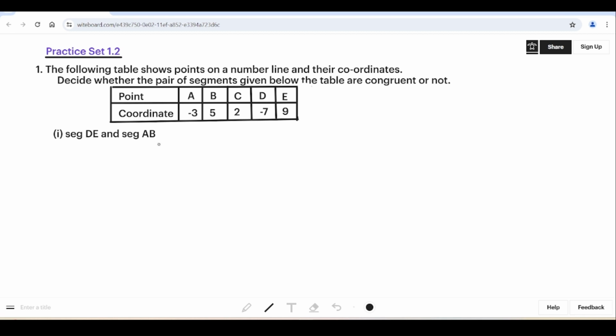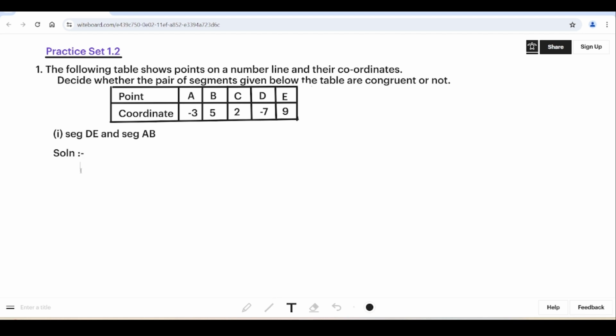Now, to find the length, we have the points and their coordinates. As we have seen in the last video, the distance between these two points will give us the length of the segment.